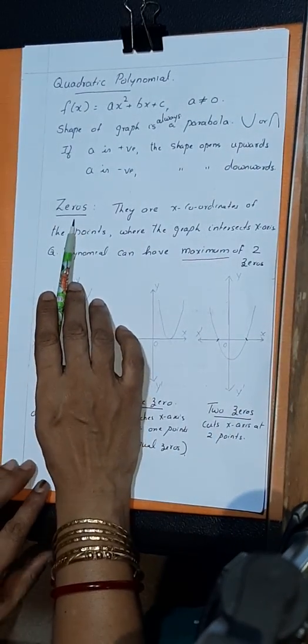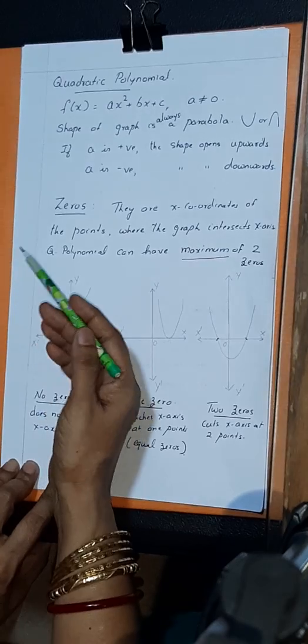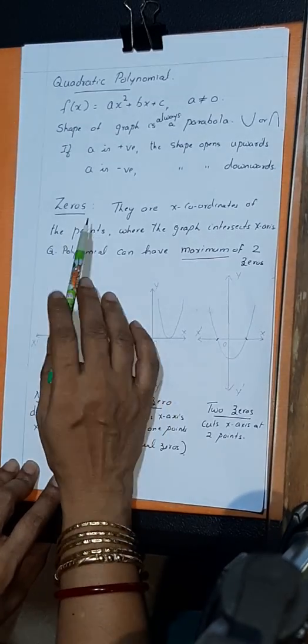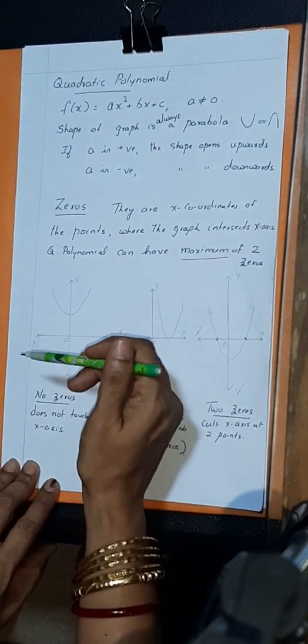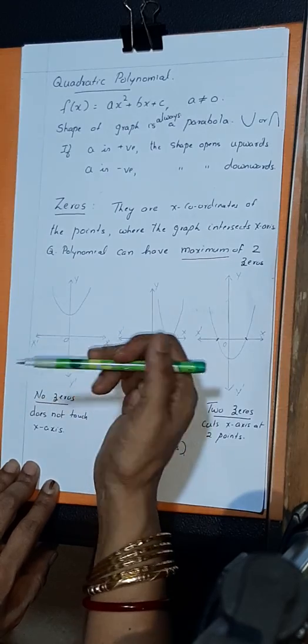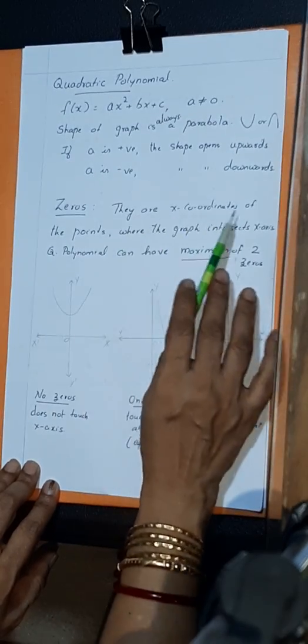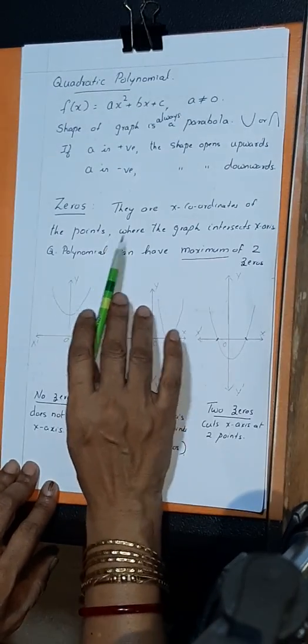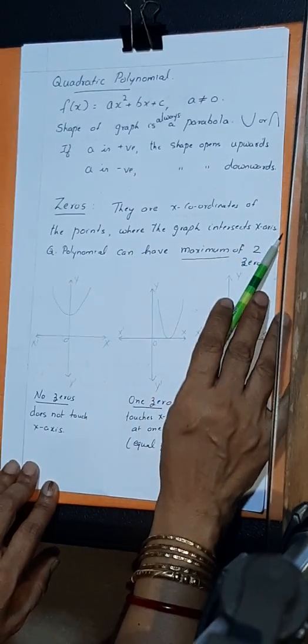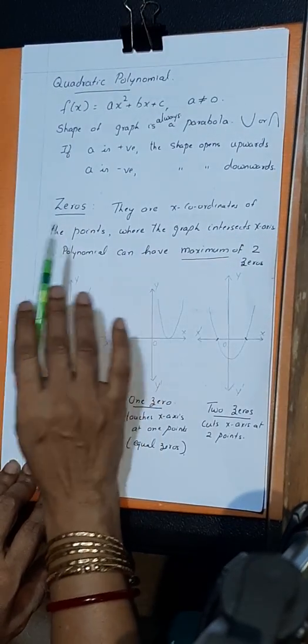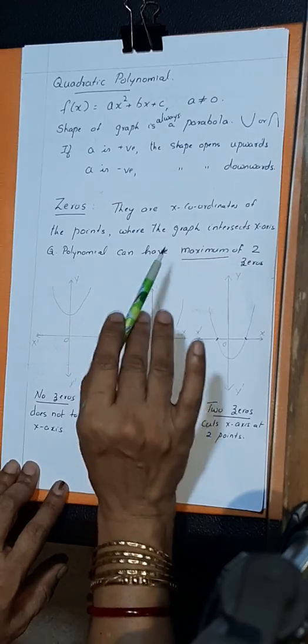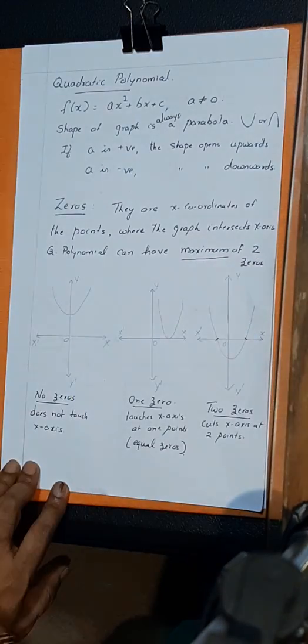Now coming to zeros. As we discussed in the linear polynomial, where the graph cuts the x-axis, those are the zeros of the polynomial. They are the x coordinates of the points where the graph intersects the x-axis. A quadratic polynomial can have a maximum of 2 zeros.